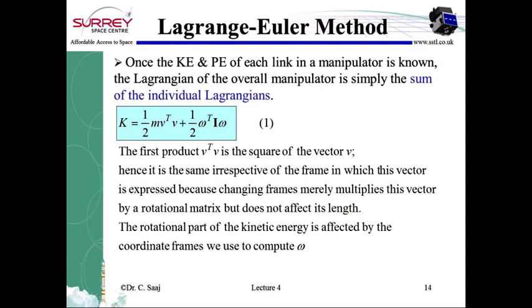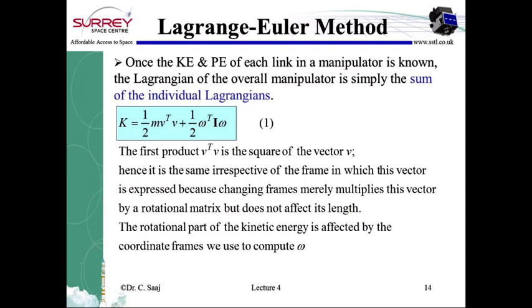So here in equation 1, the expression of the kinetic energy contains a product V transpose V, which is simply the square of the velocity vector V. That's a translational velocity. Here you need to note that the product V transpose V will remain the same.